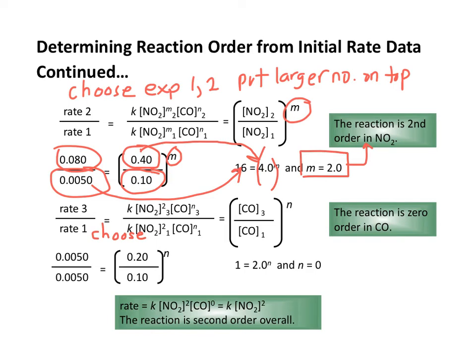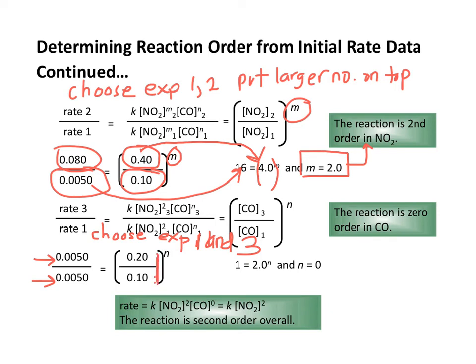So in this case, we would choose experiments 1 and 3. The same kind of setup here. This is your rate data, from experiment 3, and this is experiment 1. These are the concentrations for carbon monoxide right here.